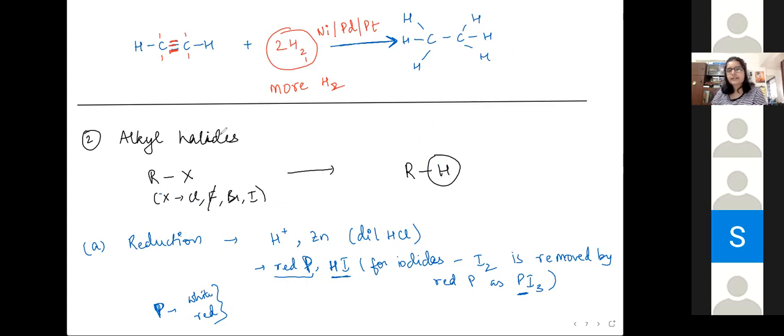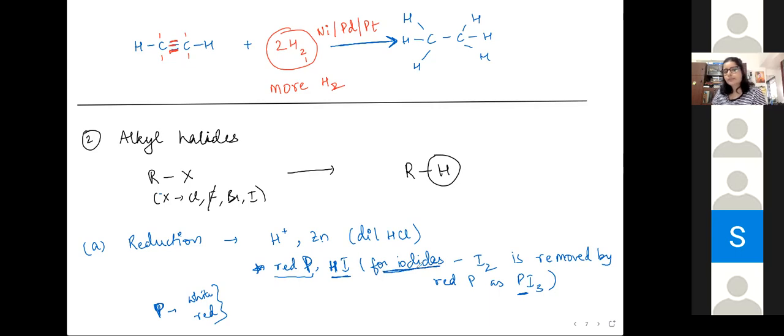What all are the different reagents you can use to get an alkane? One is Zn in presence of acid, usually dilute HCl. Another reagent is HI in the presence of red phosphorus. So this particular method is usually used for iodides.